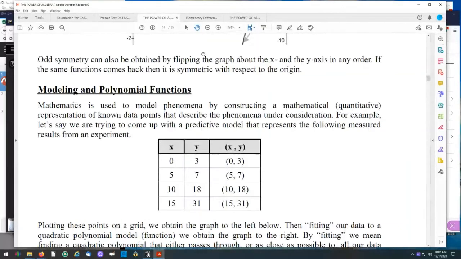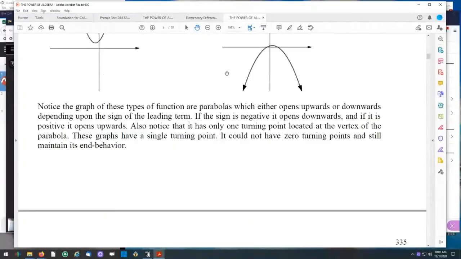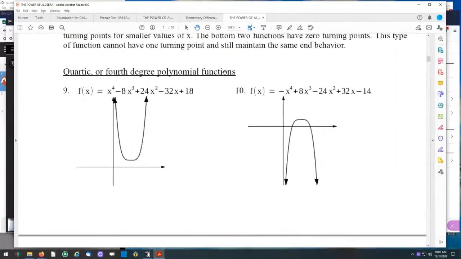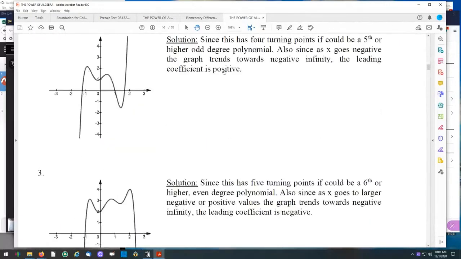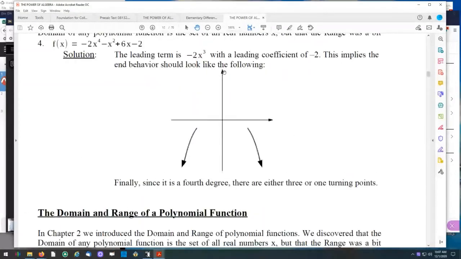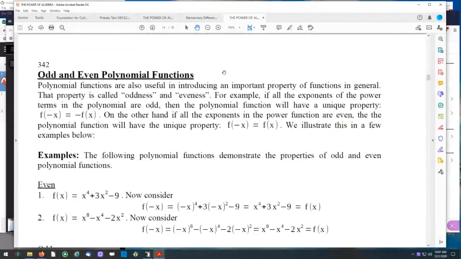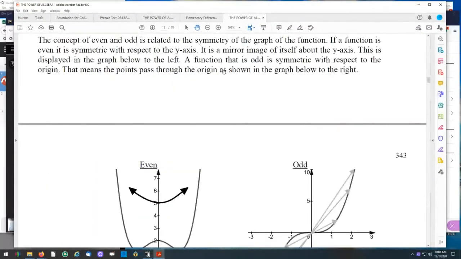So let's take a look over here. We already did all of this today, and we have that stuff. And odd and even polynomials.